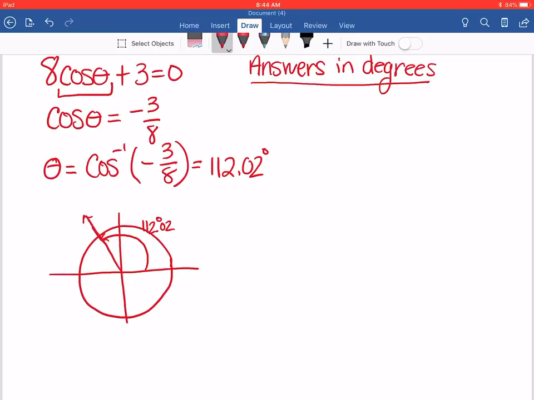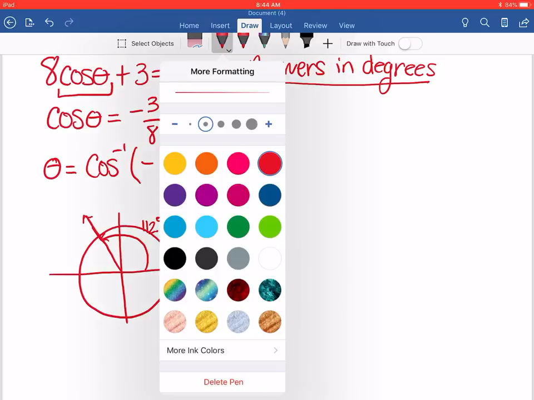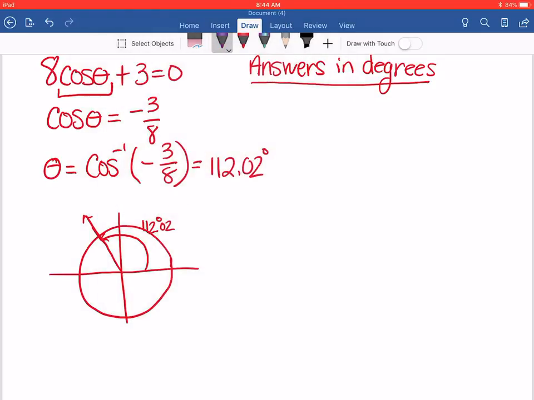Since that's our x value, we're looking to see the other place on the circle that would give us the same x value, and that would be down here. My same x value would be right here. So I need to also find this angle that swings open like this.